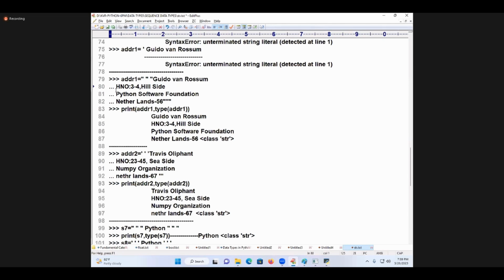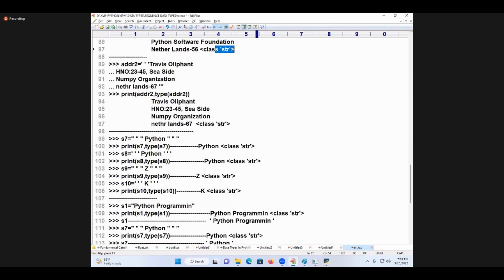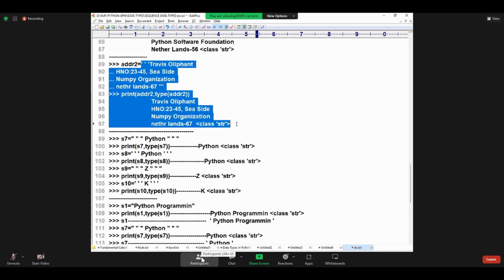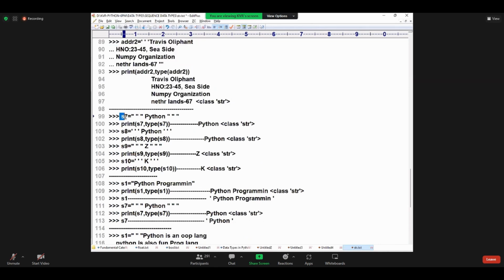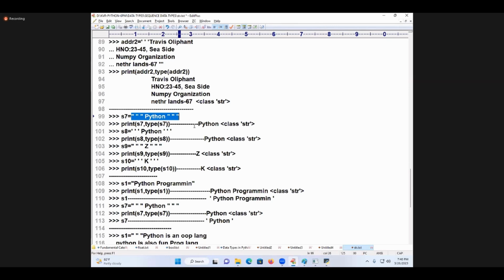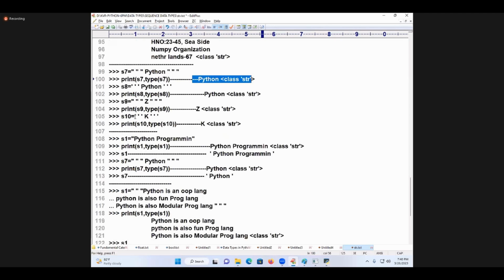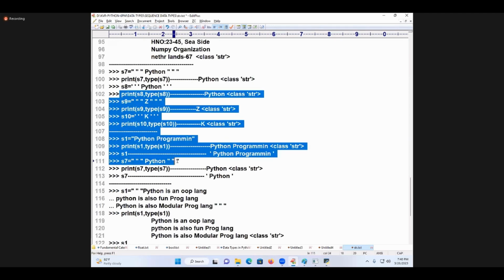Don't type the dots, by default they will come. So this is called what? Multi-lines. Ending with this or not? Printing that. What type? str. Now I am writing ADDR2, triple single quotes, also coming. Now you come. S7, triple double quotes, Python, normal string, also treated as what? str. Did you understand?